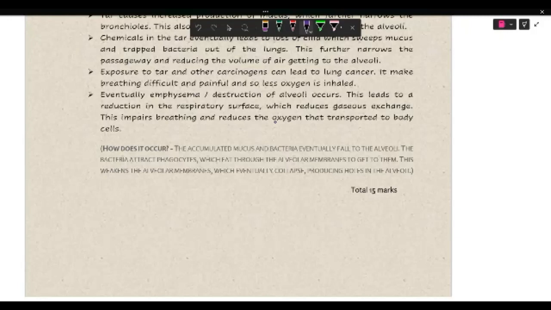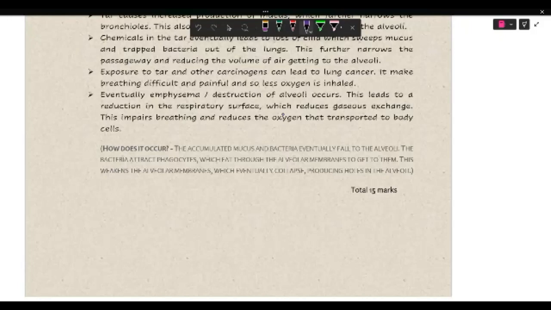Because remember, these alveolar membranes are very thin. They're one cell thick. So if they're constantly having phagocytes busting through all the time, making teensy-weensy holes to get to the bacteria, eventually it's going to fall apart. Yeah? So that's how emphysema eventually develops in long-term smokers in particular, right?